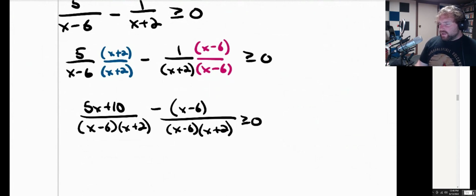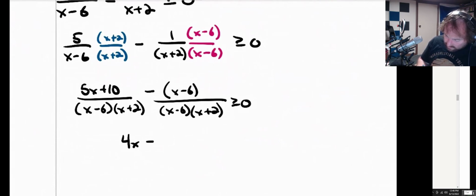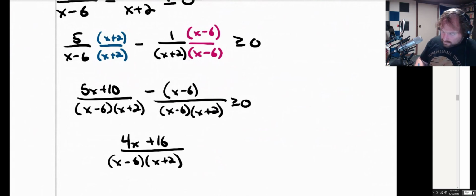And now let's actually combine these ideas together before we think about our answer for a moment. So 5x plus 10 minus x minus 6, that's going to become 4x plus 16 over x minus 6 times x plus 2. And we want to know this when this is greater than or equal to 0.